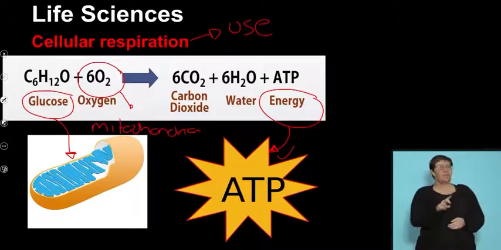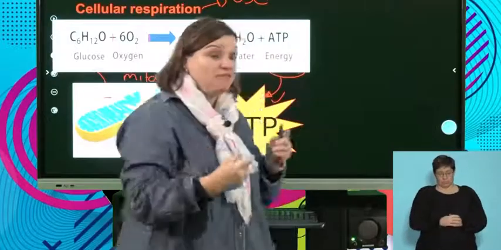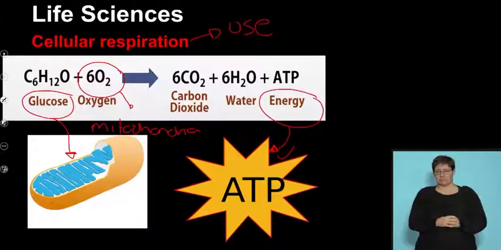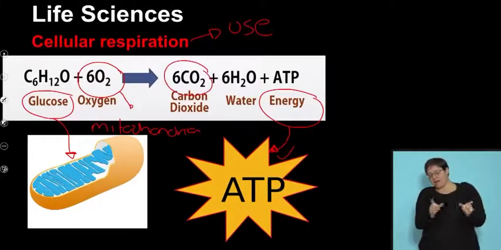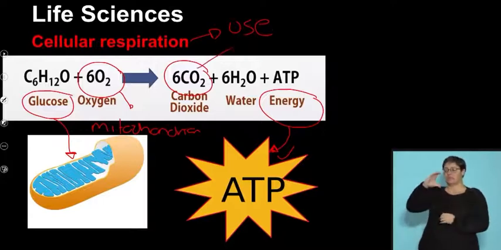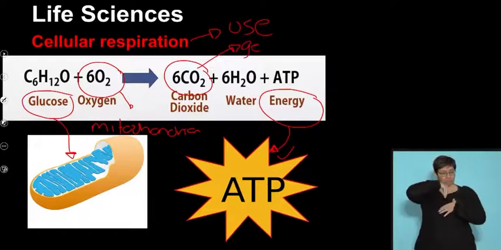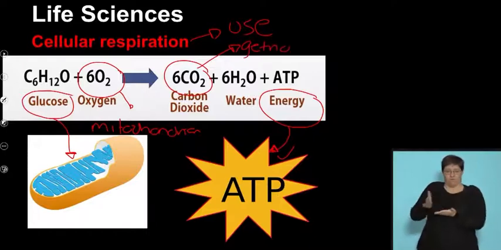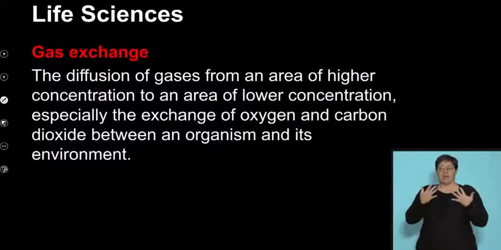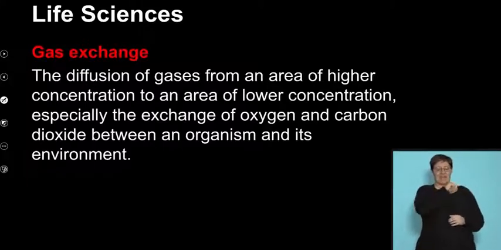I need to have this oxygen in. Now let's look at the last part of my little formula. I make carbon dioxide, and carbon dioxide is not good for my body, and I have to get rid of it. Which then leads me to this concept, gas exchange.